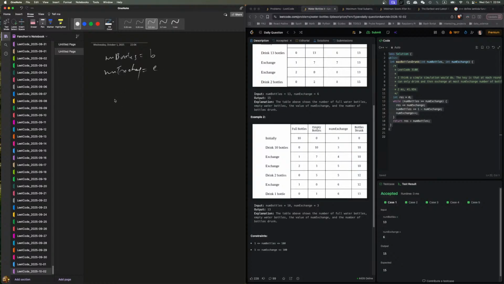What you want is to find the smallest x such that this is smaller than e plus x multiplied by x divided by 2. All right, so it's 2b plus 2x is smaller than x squared plus 2ex.